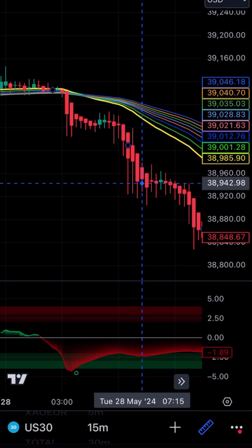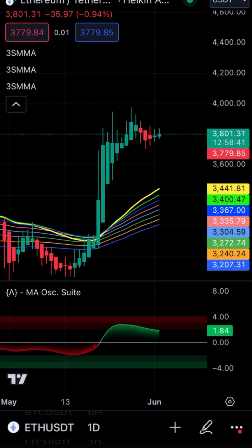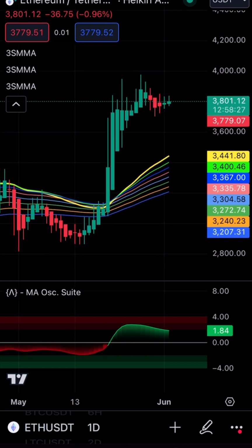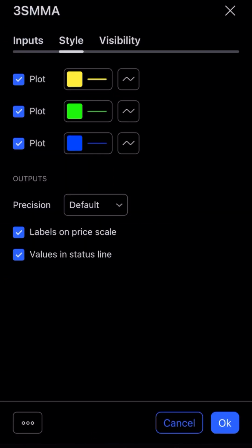So let's go over the strategy here. Okay, so this is kind of similar to what I talked about in yesterday's video. You want to set up your rainbow strategy and your regularized moving average suite, and I've made videos on how to set it up. Definitely check out yesterday's video where I walk you through the setup process. You just have to set up your rainbow strategy with different moving averages.